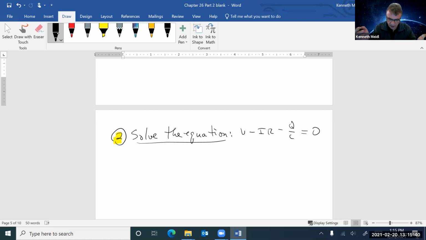Okay, so there is the equation that we've got to solve. And the two troublesome terms in here are this I, that's a function of time, and how much charge is on the plates, which is a function of time. And so what we're going to do here is solve the equation for charging the capacitor.